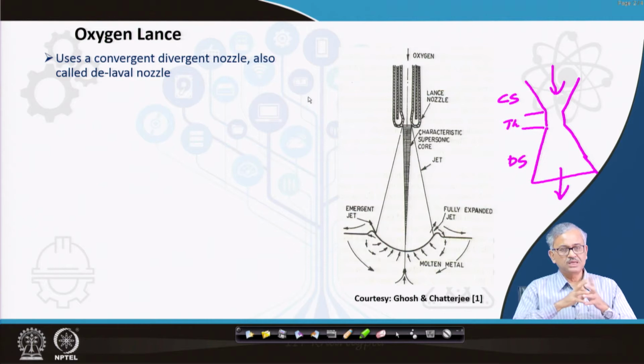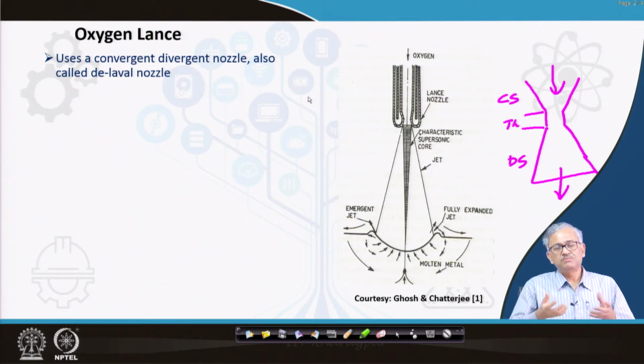What happens in the case of the cylindrical nozzle is that if you push the gas at a very high pressure, you have to give a very high pressure at the upstream point, and when the gas comes out, it also comes out with a very high pressure. So from a cylindrical nozzle, it is expected that it will come out with a very large pressure.